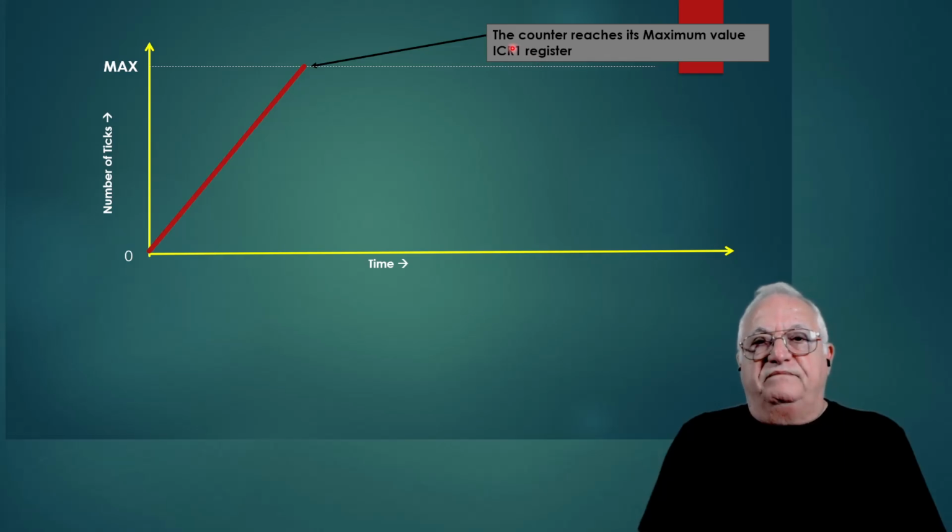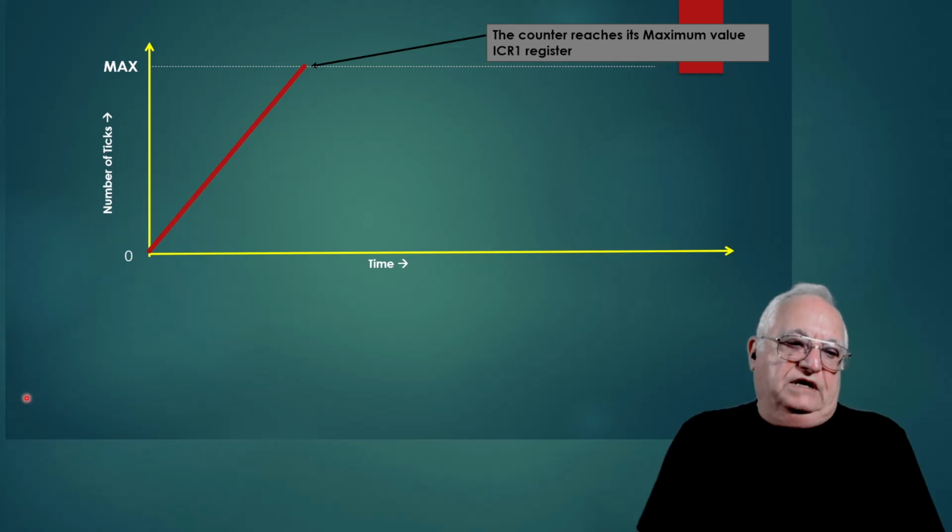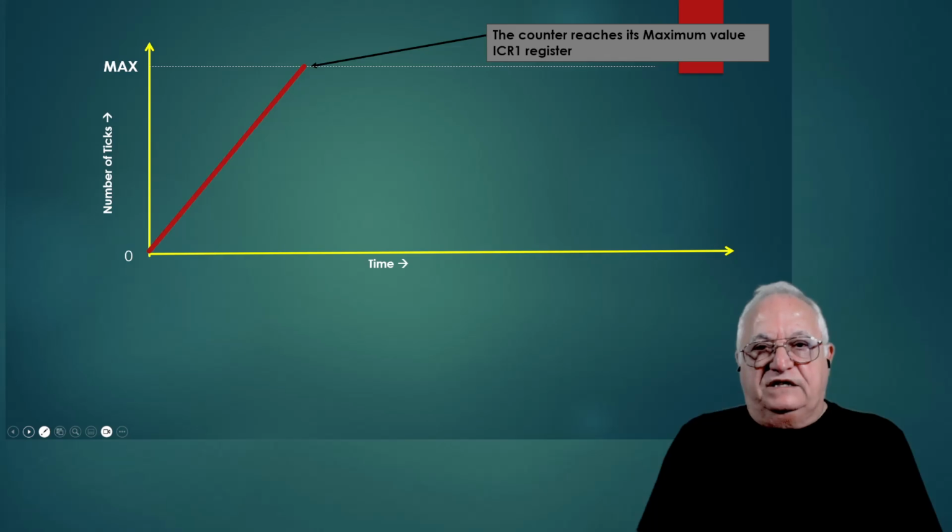This max value we control by putting a value in the ICR1 register. That value, by the way, has to be the equivalent number of ticks for 20 milliseconds, and I'll explain why.